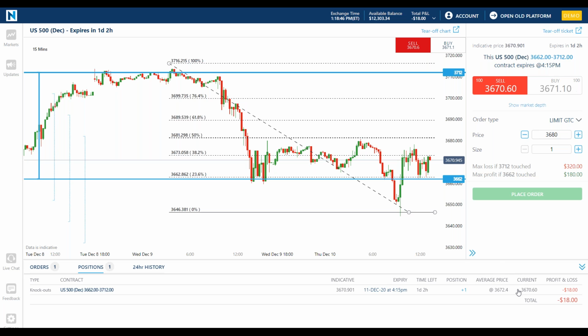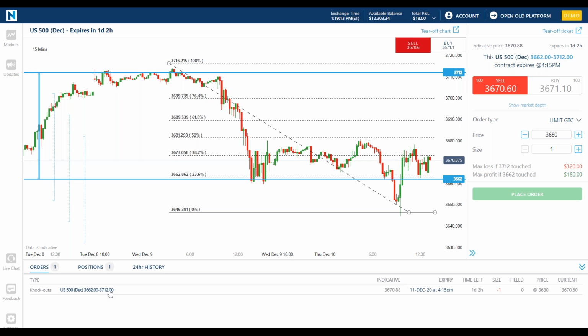And now when I look, I know I have my position where I bought it at 36.72.40. I'm sorry, it's going against me. It's going down. I bought it at 36.72.40, but I'd like to sell it up at 36.80. I can offer it up above. Now, if it were to come down and touch 36.62, I would get knocked out of my trade and I'd want to go cancel my offer to sell it up above because I wouldn't want to do both.